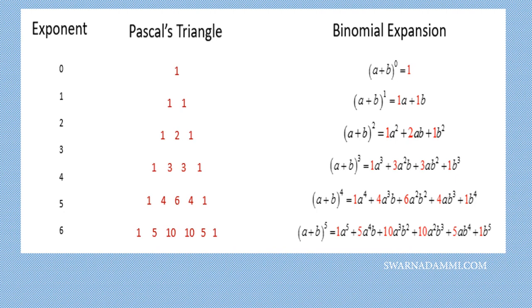See how we can use Pascal's triangle for the binomial expansion. (a plus b) to the power 5 equals a to the power 5, plus 5a to the power 4 b, plus 10a cubed b squared, plus 10a squared b cubed, plus 5a b to the power 4, plus b to the power 5.